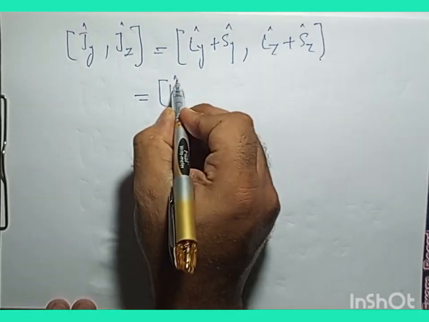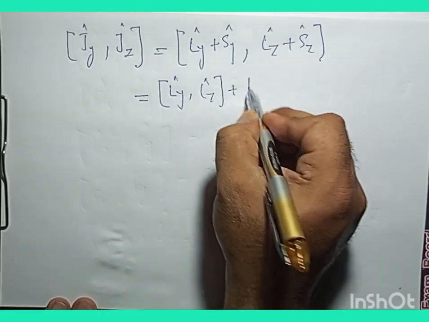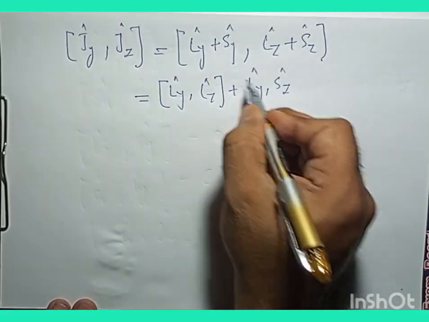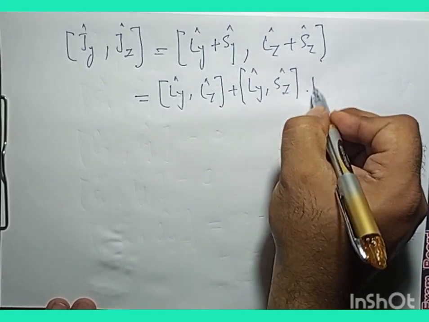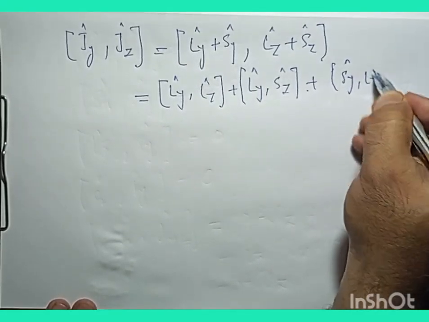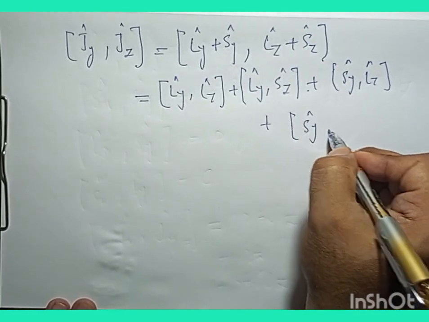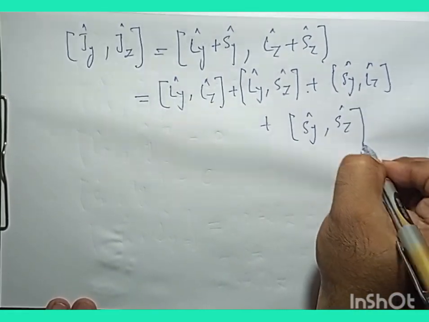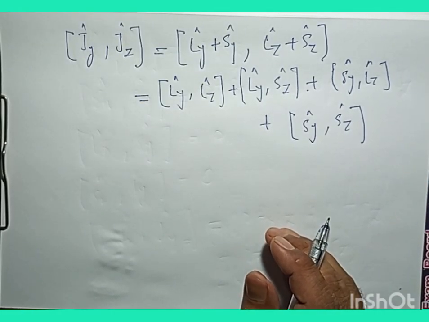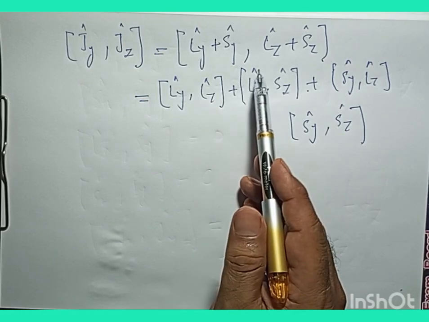What we will have: [Ly cap, Lz cap], then plus [Ly cap, Sz cap], then plus [Sy cap, Lz cap], then [Sy cap, Sz cap]. These should be the commutators that will come out of this commutator.